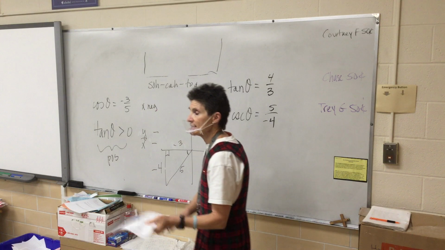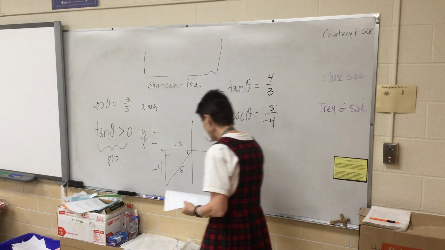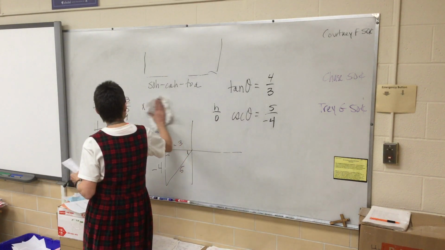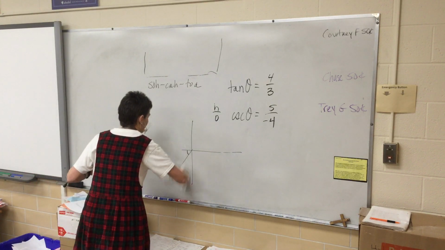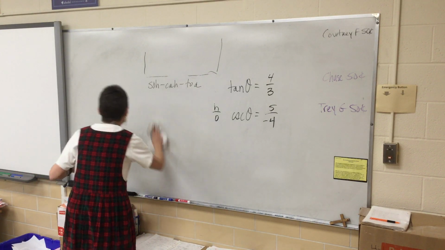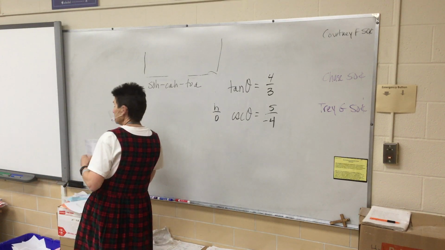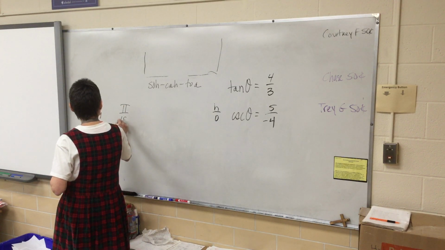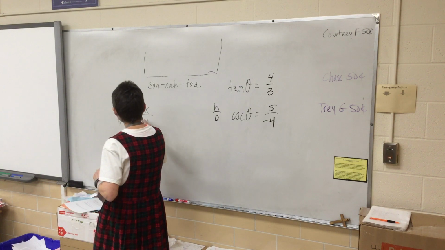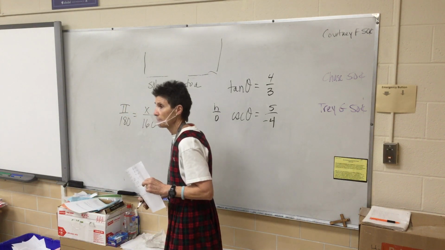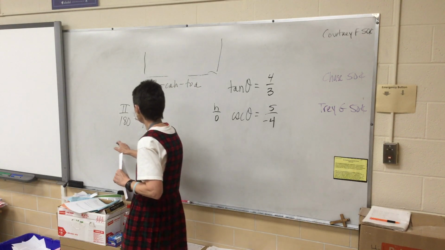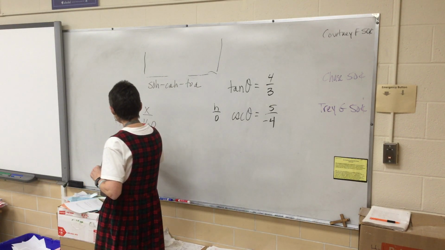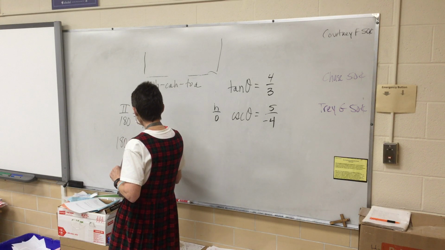Change 160 into radians. How do we change 160 into radians? Yep, the proportion. Somebody said it. Thank you. Pi over 180 equals x over 160. And we cross multiply. So 180x equals 160 pi.